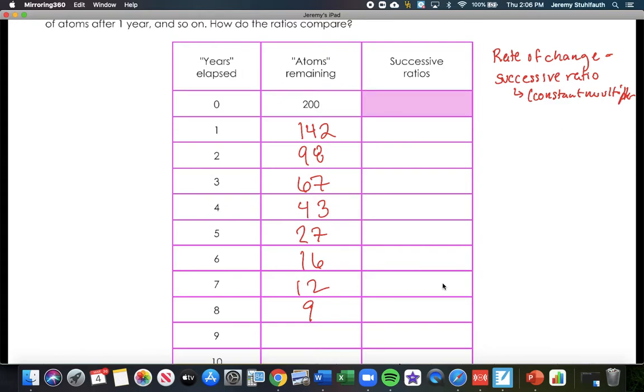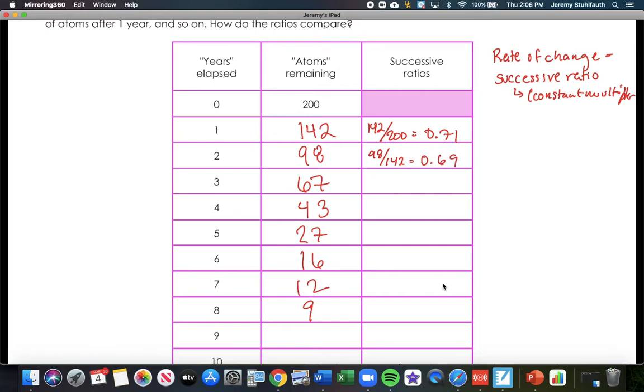So we would do that by taking 142 dividing by 200. So 142 divided by 200, that would give us 0.71. Then you have 98 divided by 142, and that would give us 0.69.